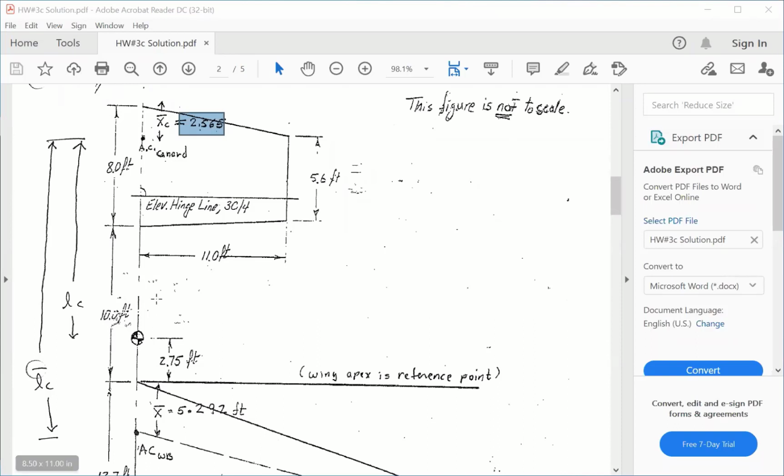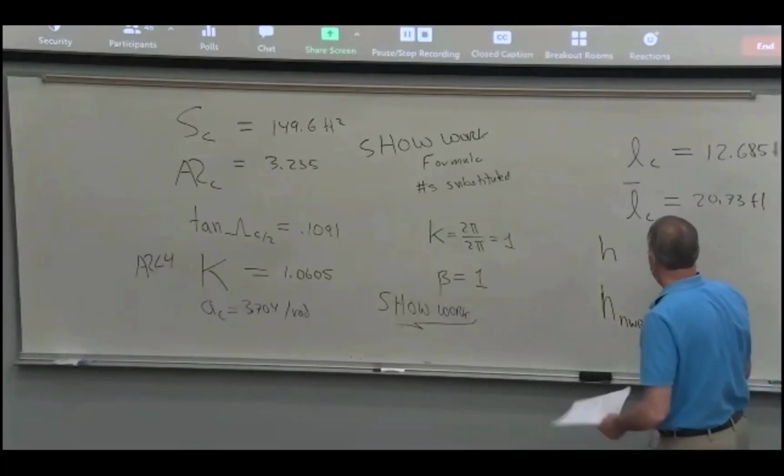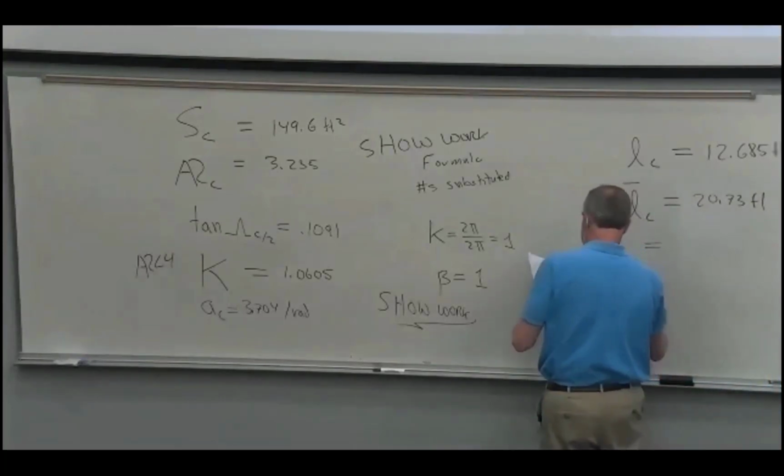So that's why we learned how to calculate the aerodynamic center location, and that's where we get these values H and HN wing body. So answers for these.